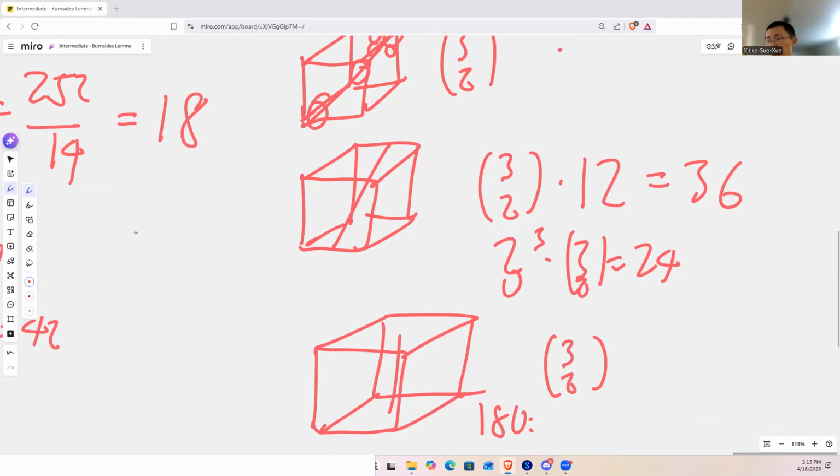Sorry, there are two white cubes. So it's 3 choose 2 if they're both on the diagonal, or just 12 if they're both off. So 15. This is 3 choose 2 if they're both on, and 24 over 2, or 12, if they're both off.